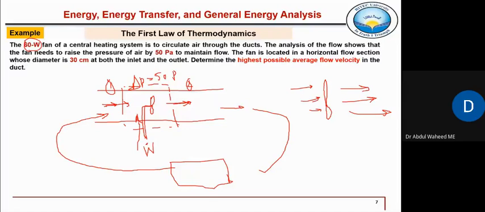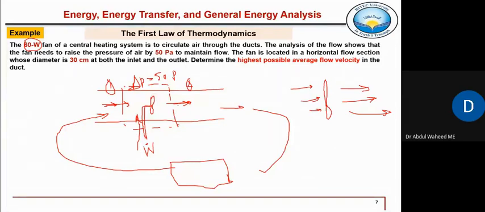What else is given? The fan is located in a horizontal flow section whose diameter is given as 30 centimeter at both inlet and outlet. Determine the highest possible average flow velocity. So under these conditions, what will be the highest average flow velocity?